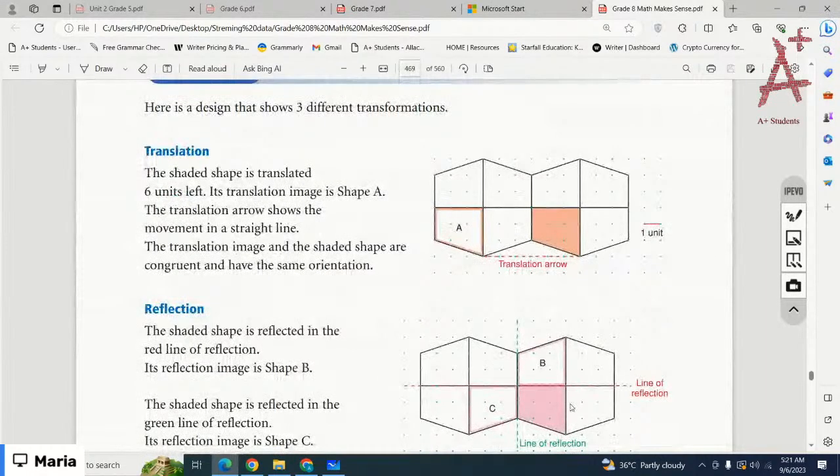The shaded shape is, you can see what type of transformations are applied on the shape, right? So first of all, apply the translations.